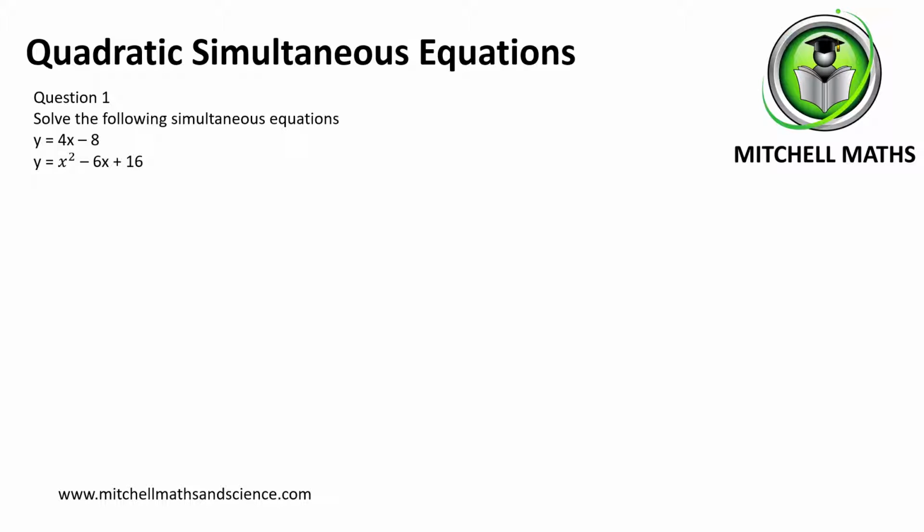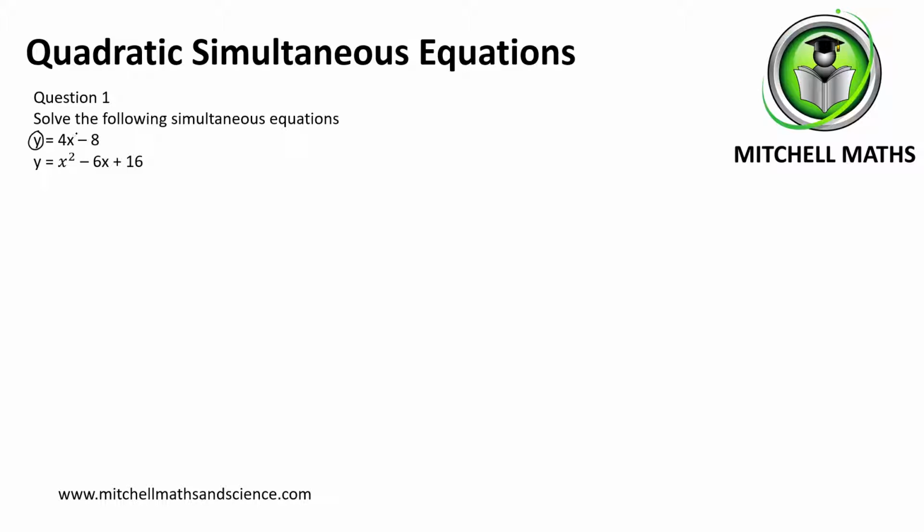In this question it's a bit easier because we've already got y equals. Remember that the y values and x values in each equation, we're looking for when they're the same. Therefore we know that when these two y values are equivalent, y equals 4x minus 8 and it also equals x squared minus 6x plus 16.